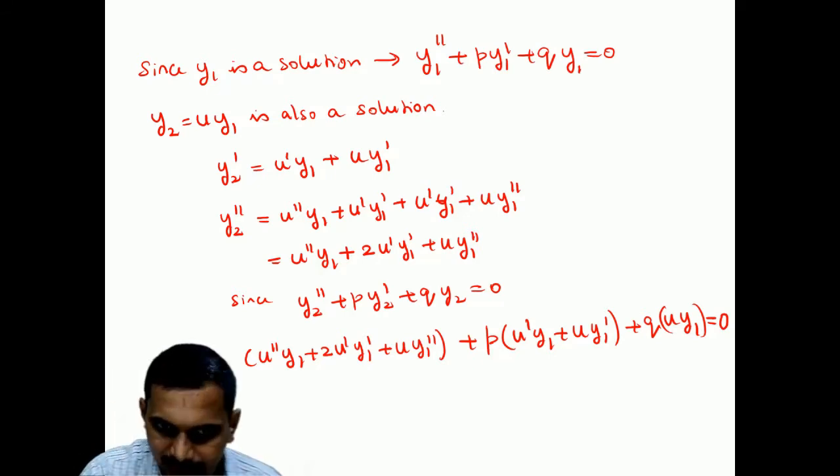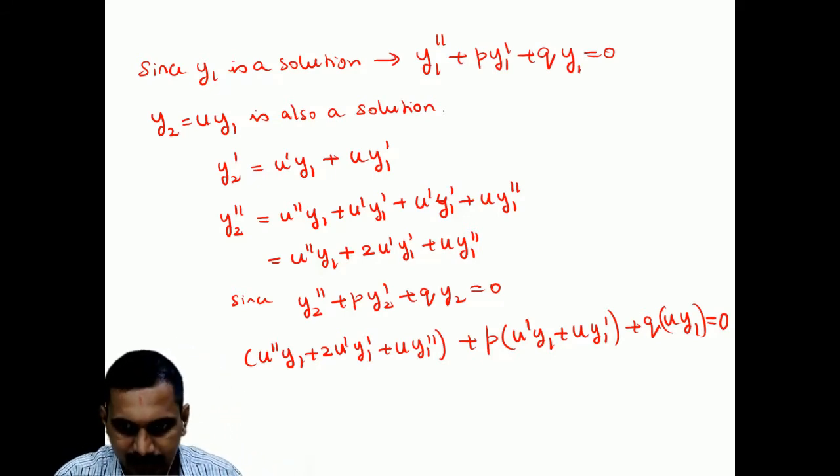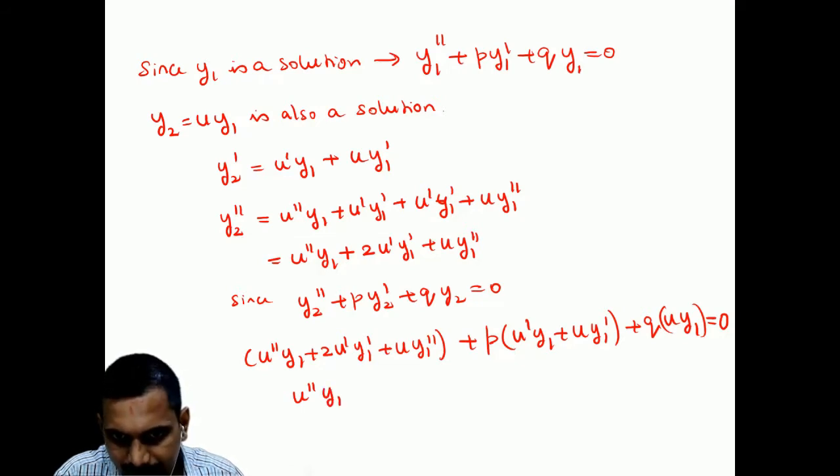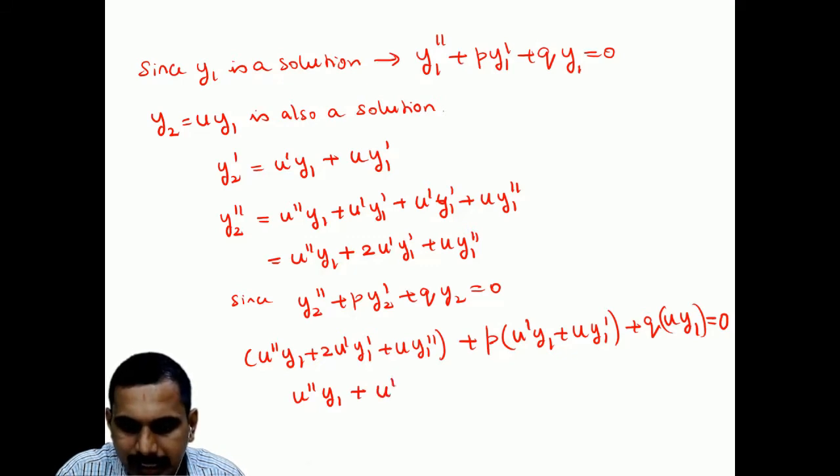Now let us simplify this. How we can do that? Let us take first of all U double dash into y1. Only one thing is there, U double dash. Now plus, let us take U dash outside.